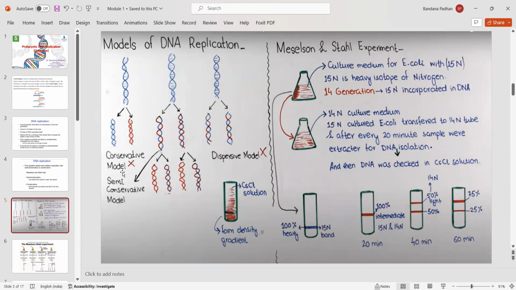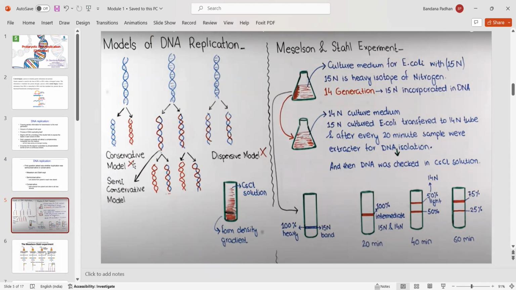In the conservative type of DNA replication, the parental strand will be conserved and there will be synthesis of a new strand. So there will be no exchange of genetic information from one generation to another in the conservative type.